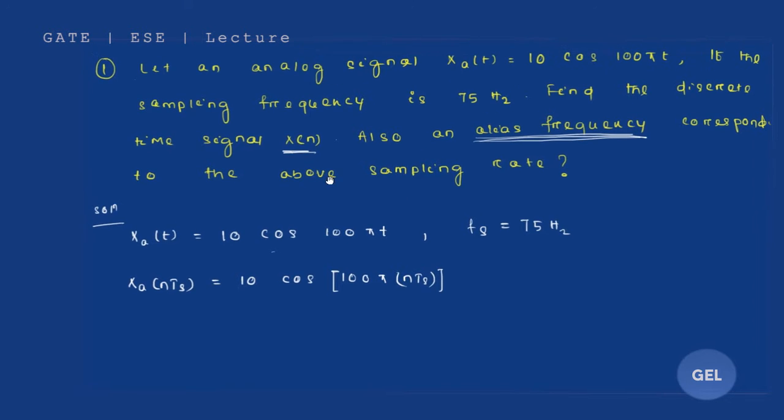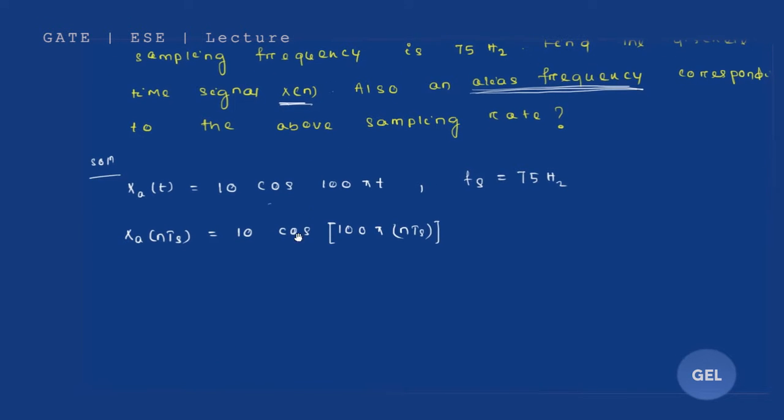Now let's first find the x(n) value. What will be the x(n) value? I can write it down: 10 cos 100 pi n by fs. Correct?